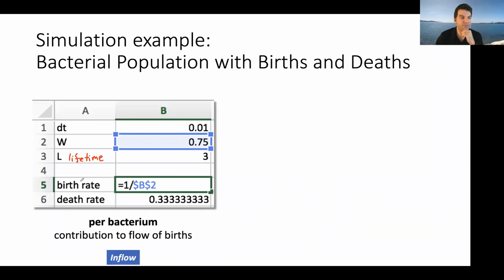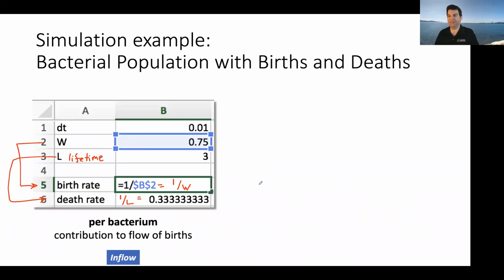And so from the W, I can calculate a birth rate, which is just 1/W. And the lifetime here, 1/lifetime gives me a death rate. So this is 1/L.